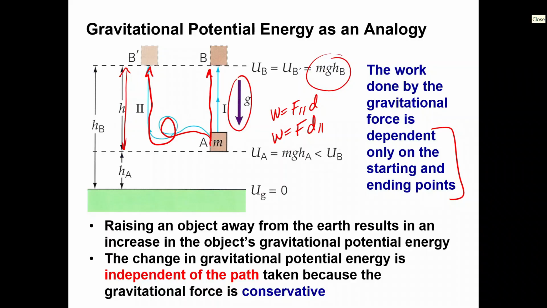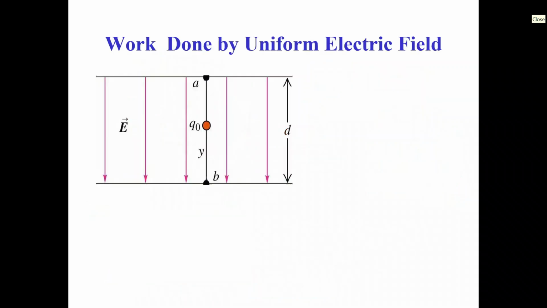So the same thing is going to work with our charged particles because we're going to find that the Coulomb force is also conservative. It does not matter what path we take. We just care about the starting and ending points.